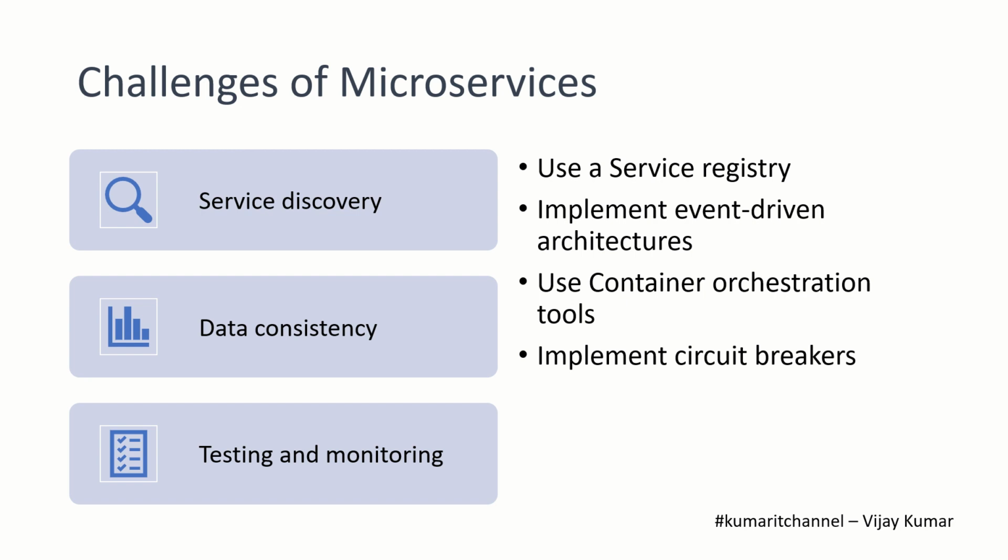This can make it difficult to keep track of which services are available and where they are located. So this is one challenge that you can come across, and now how can this be overcome?